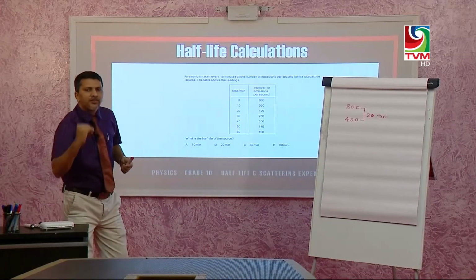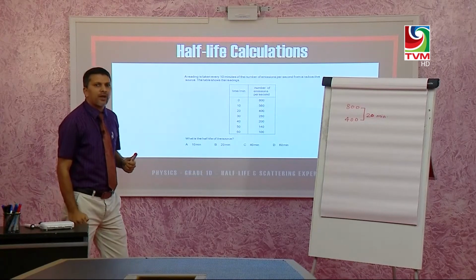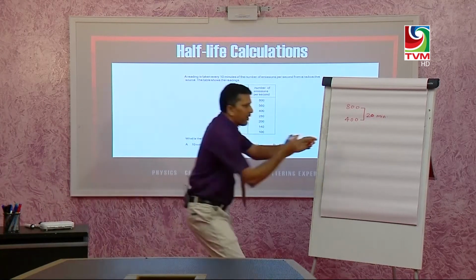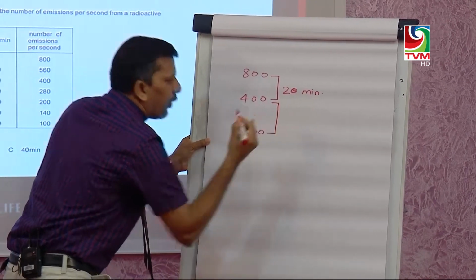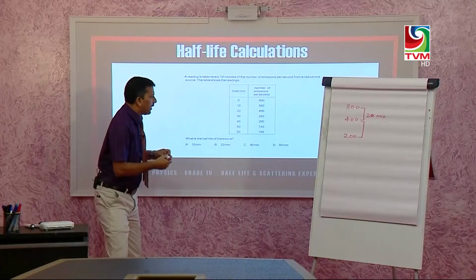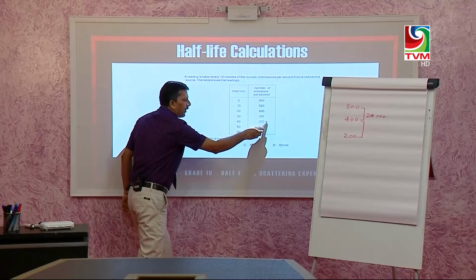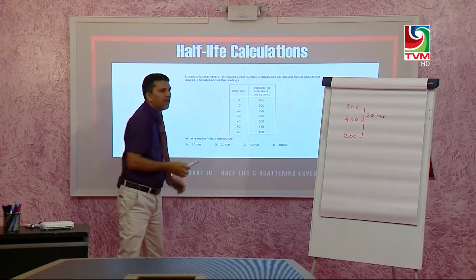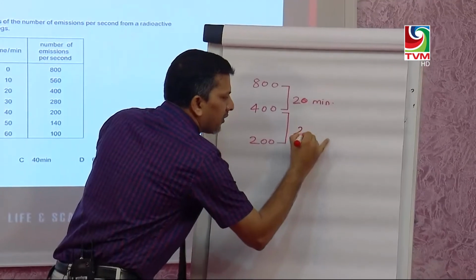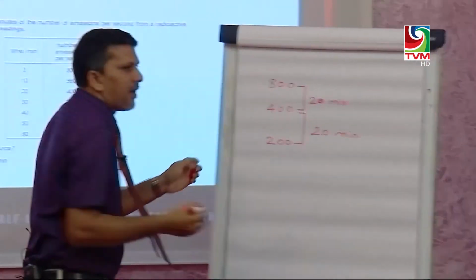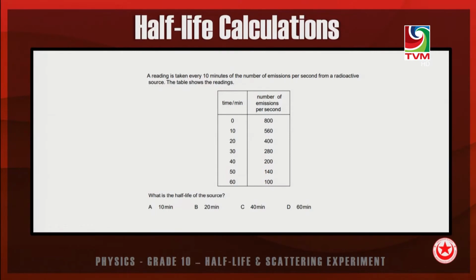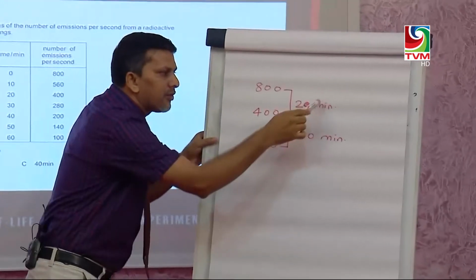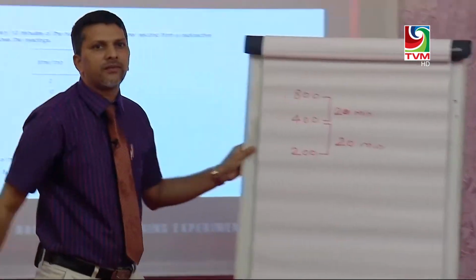Half of 400 is 200. Then 400 to 200, how much time taken? 40 minus 20, so again 20 minutes. Now we got the answer. The half-life of the source is 20 minutes.